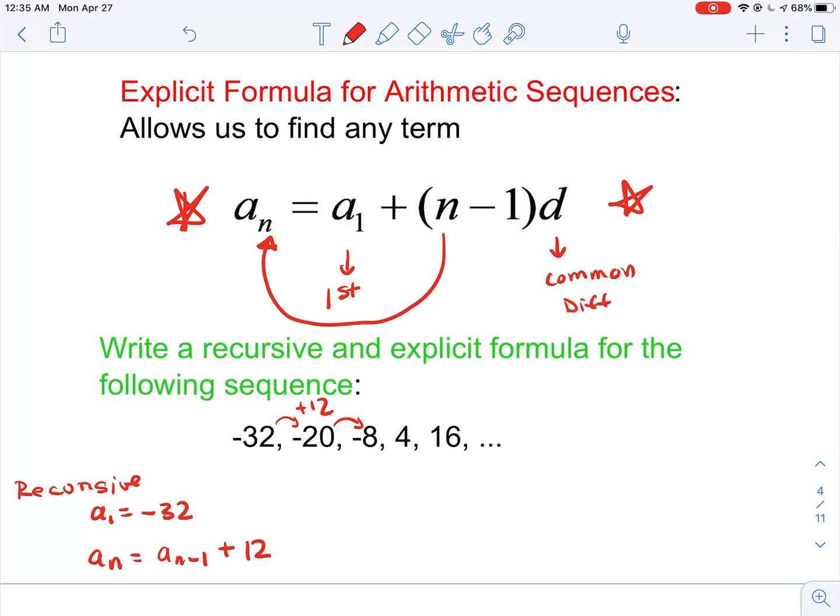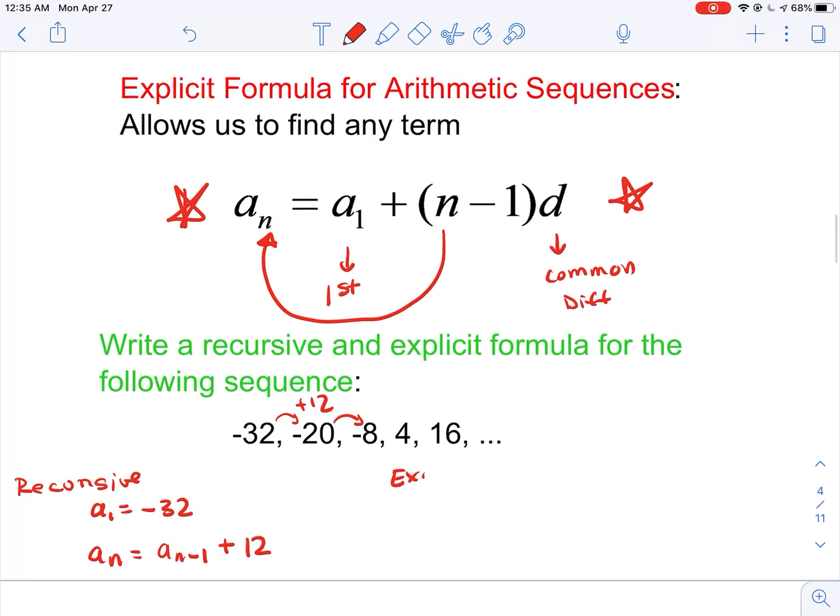Okay, so how do we write an explicit formula for this? Well, we're going to plug it into the equation above. So a sub n is equal to my first term plus my n value, which is n, since we don't have a specific place we're looking for, minus 1 times my common difference of 12.